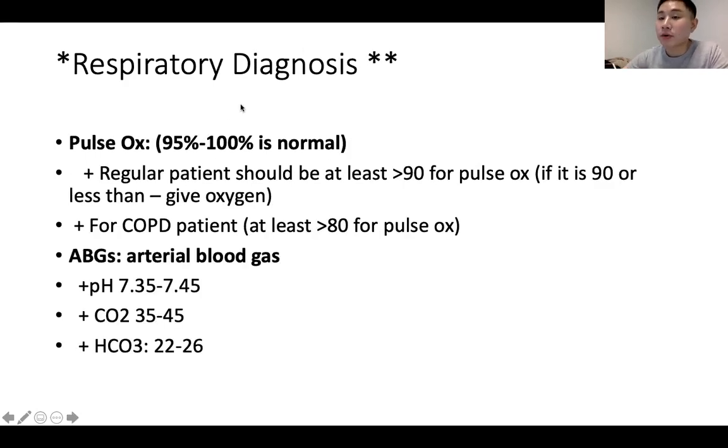Next, we have respiratory diagnosis. These are important to remember, especially since it's basic, it's foundation. Pulse oximeters are these little machines, devices that we put on the finger of the patient, or sometimes it can be stuck on the patient's earlobe or forehead.